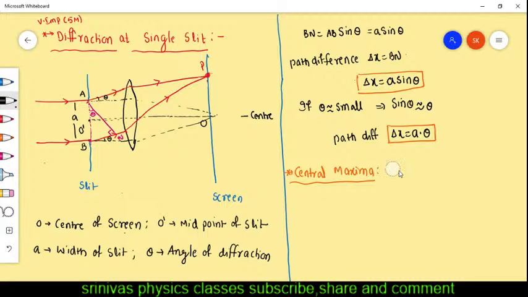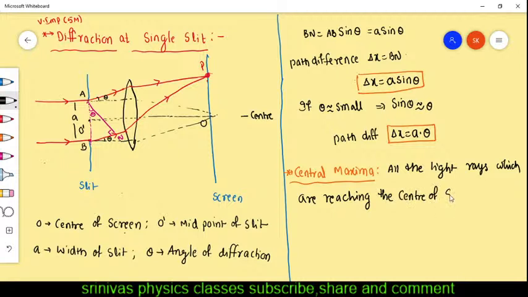How? All the light rays which are reaching the center of the screen have zero path difference and zero phase difference.